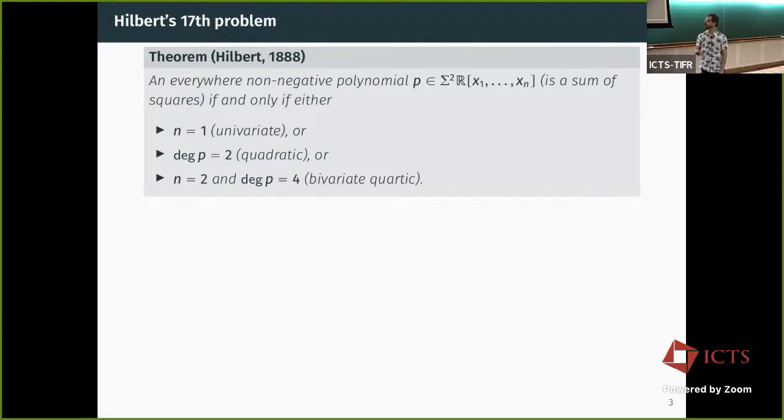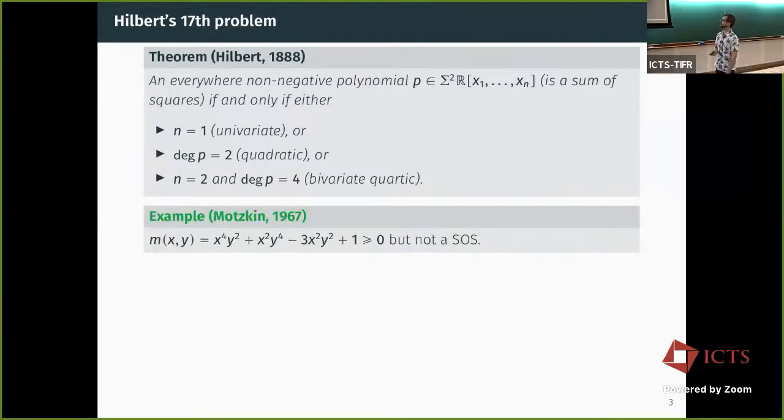So you might ask, are there any examples of, let's say, 3 variables or 2 variables and degree 6? And here's an example. We take x to the fourth y squared plus x squared y fourth minus 3x squared y squared plus 1. This is non-negative, which is also a high school exercise, but it's not a sum of squares, which is maybe more advanced, but not really that hard.